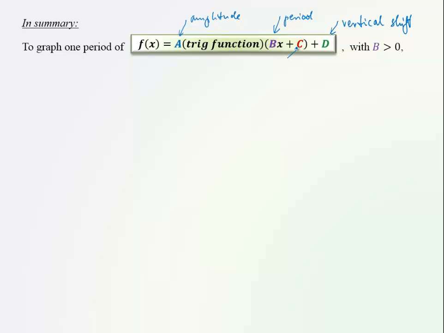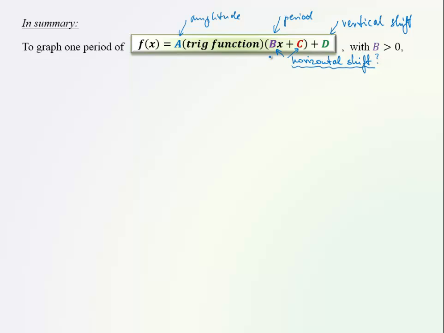But this c together with the b will be responsible for the horizontal shift, as long as we take in consideration the coefficient b. So we'll see it in a second how to change this form so it will be easy to read the horizontal shift. For now, this horizontal shift is not quite there yet.